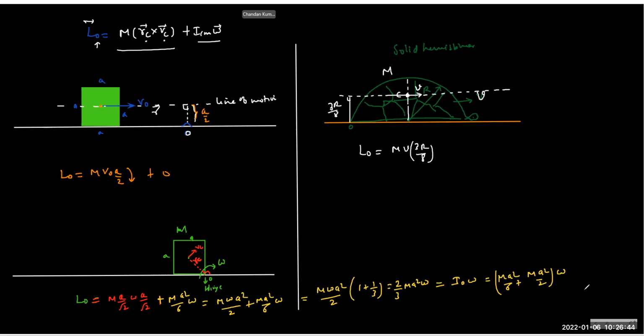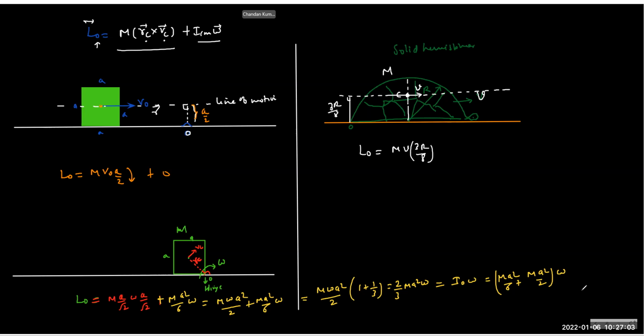And now this is exactly the question of IIT: find the omega just after hitting the obstacle. Here what we are supposed to do is conserve the angular momentum about the hinge. And why can we conserve?